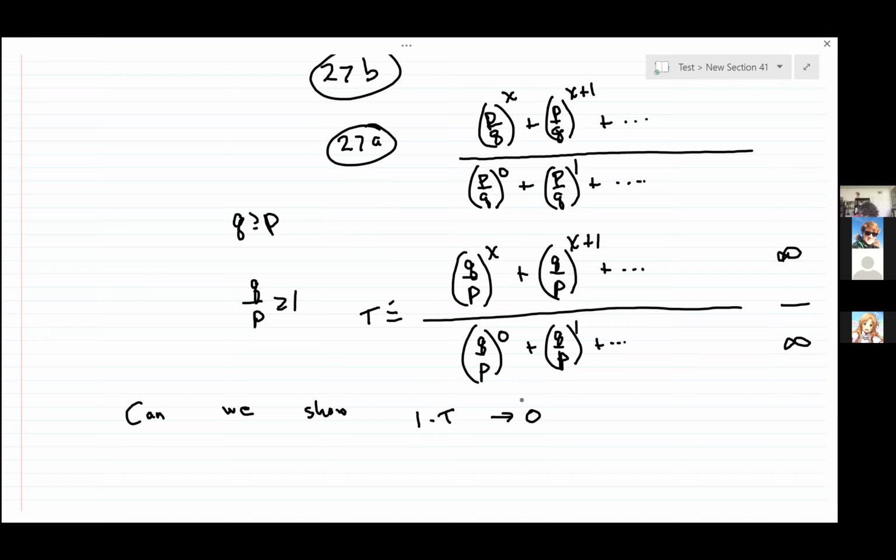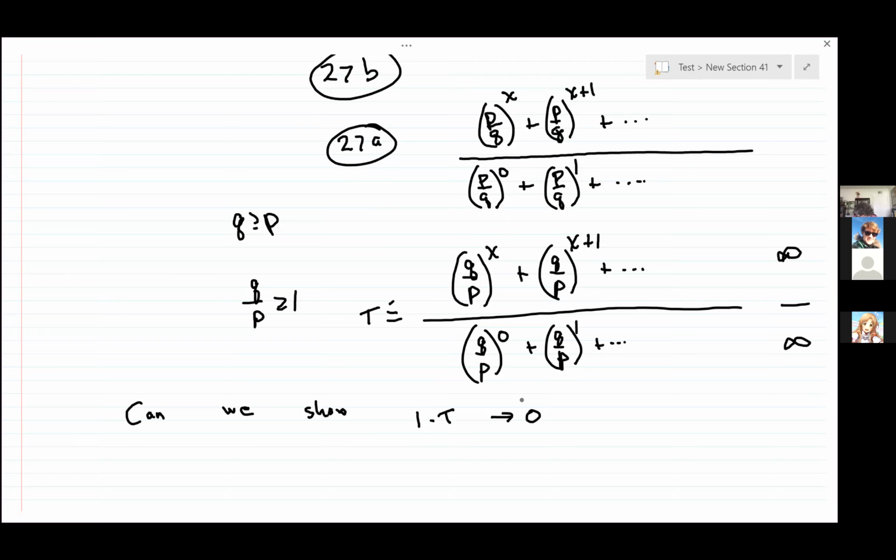I'm not sure I'm using everything I've got from the previous problem, so let me double check. Yeah, they're telling us this is rho. So what does that tell us?